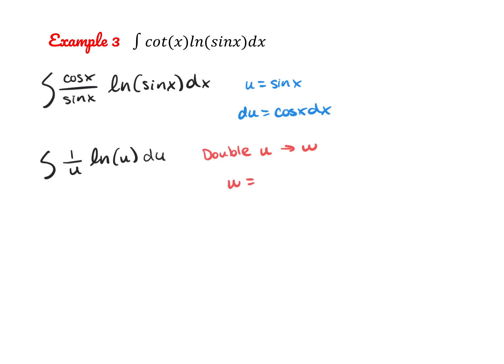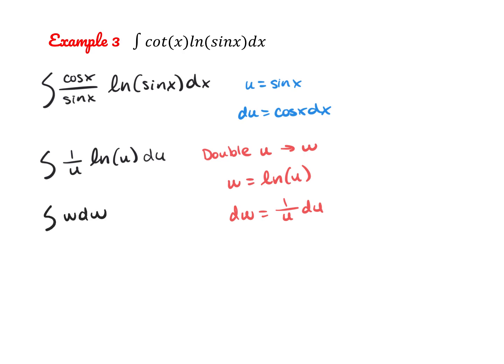So we could say W is natural log of u, dw is 1 over u du.